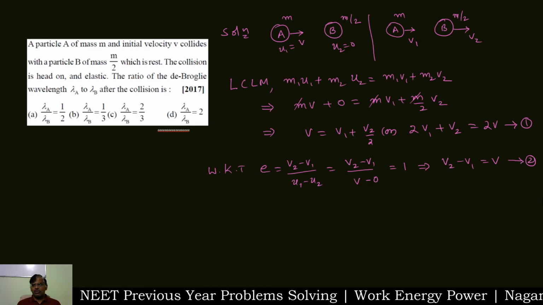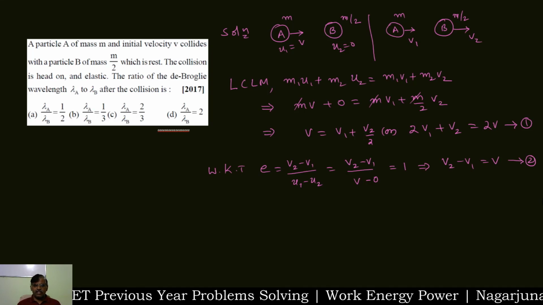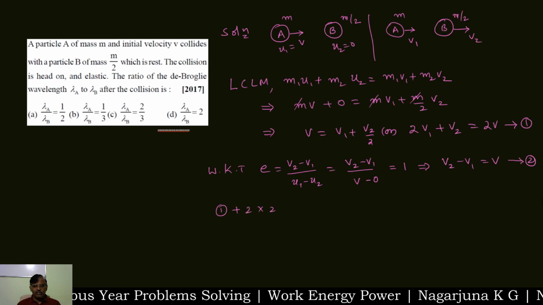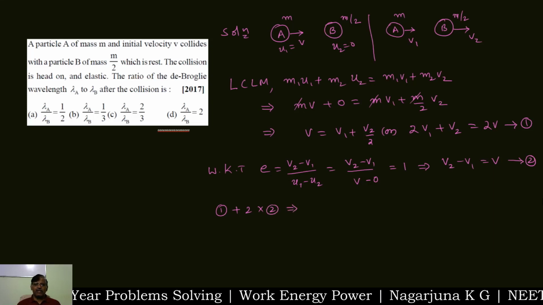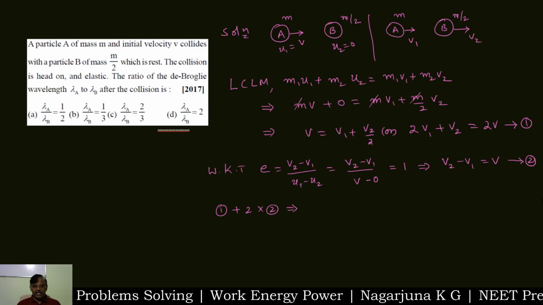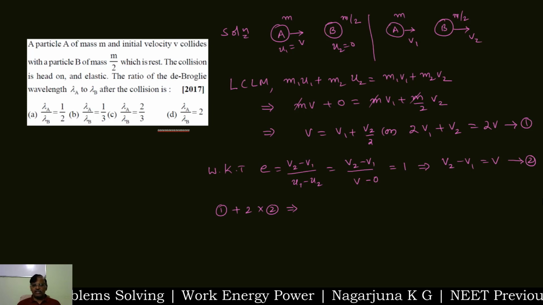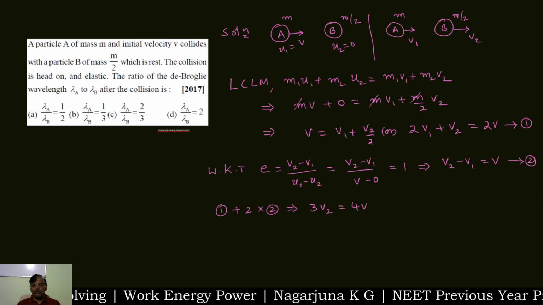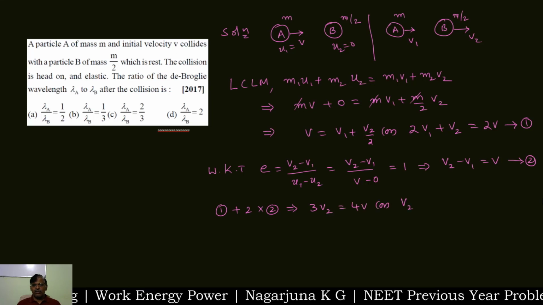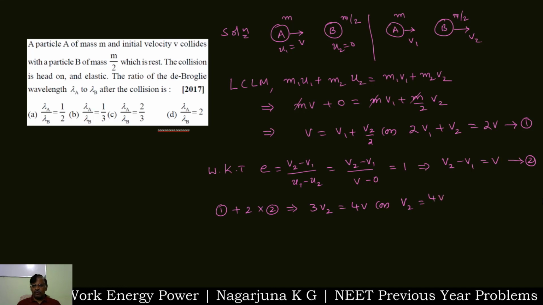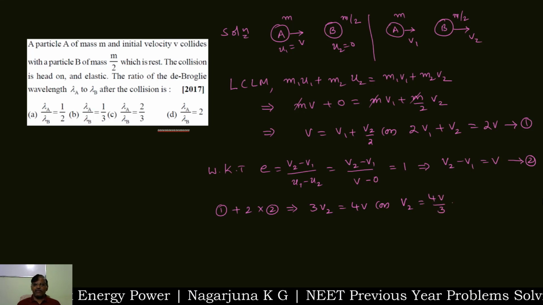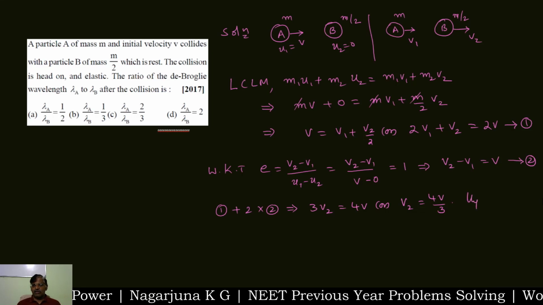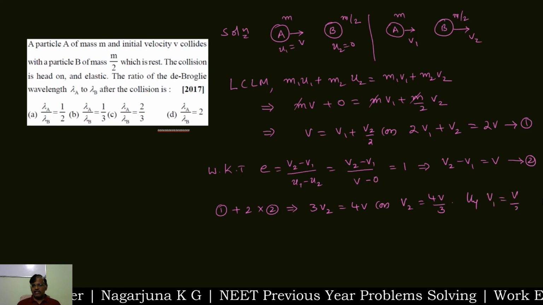So here it is 3v2 is equal to 4v, or v2 is equal to 4v divided by 3. Similarly, by substituting this v2 value in equation 2, we get v1 is equal to v by 3.